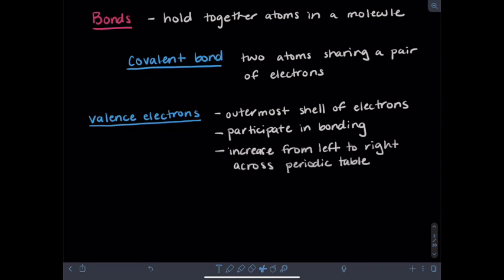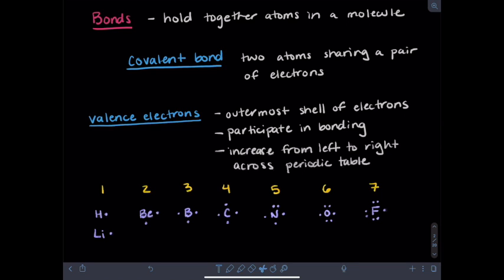And there's a trend you can see across the periodic table, which is that the number of valence electrons that an atom has increases going from left to right across the periodic table. So here's a small portion of the periodic table. Notice on the left-hand side, you have atoms like hydrogen and lithium, which each have one valence electron in their neutral state.